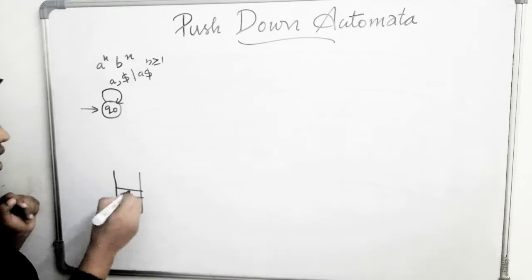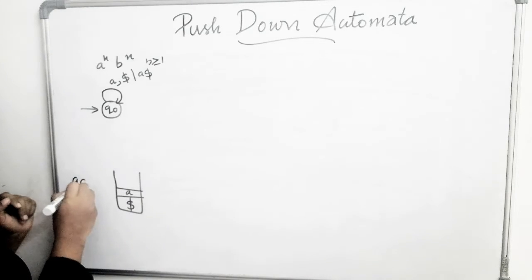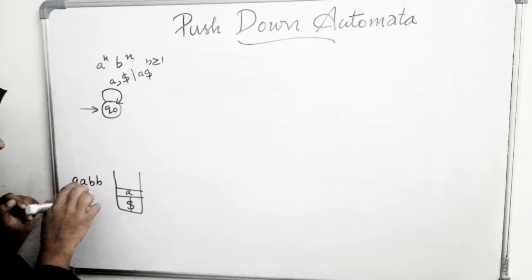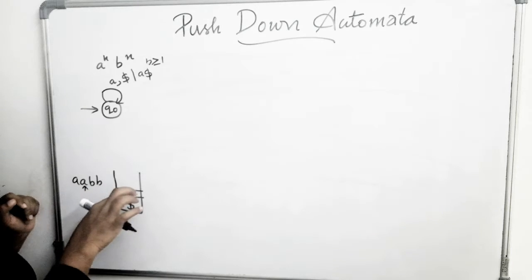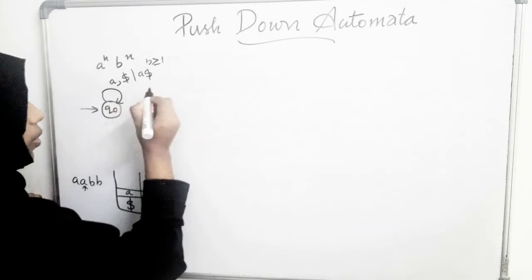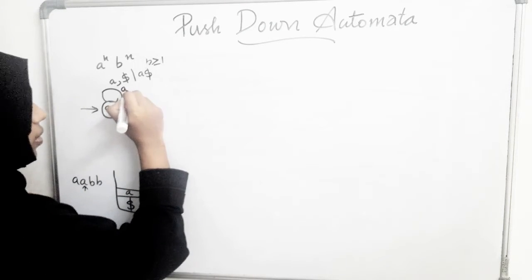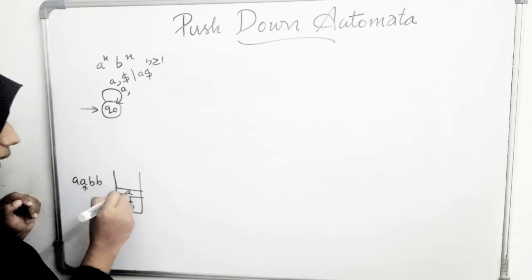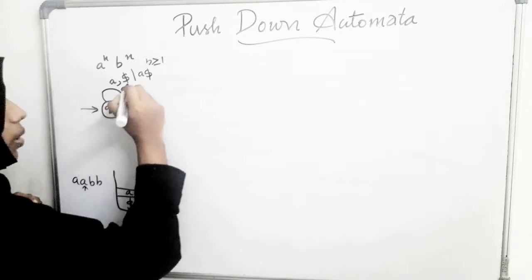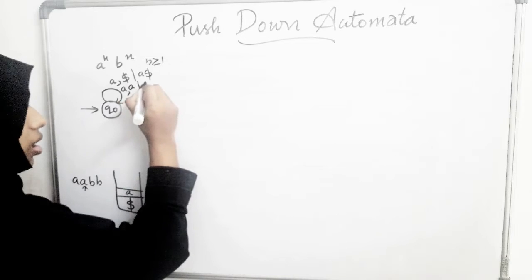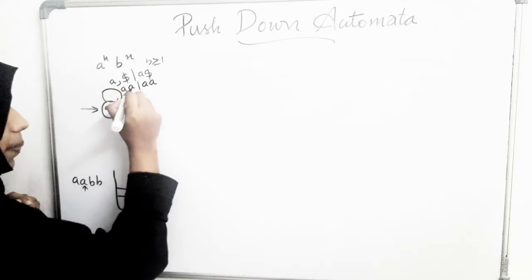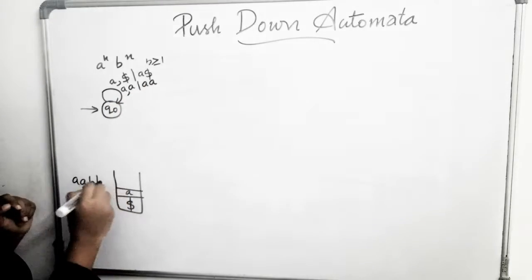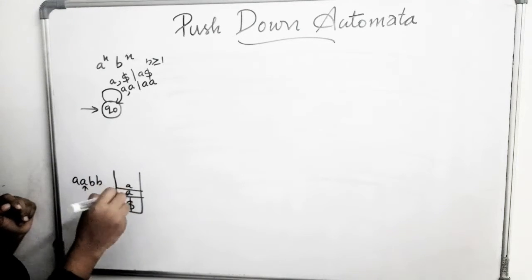When the second A comes, for example if the input is AABB, the stack top is A, isn't it? So that also should be coded. When the input symbol is A and the stack top is also an A, I will again push the A. That is, I will replace this A by AA. So the new A has also been pushed.